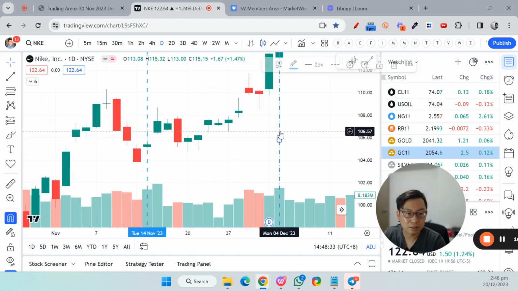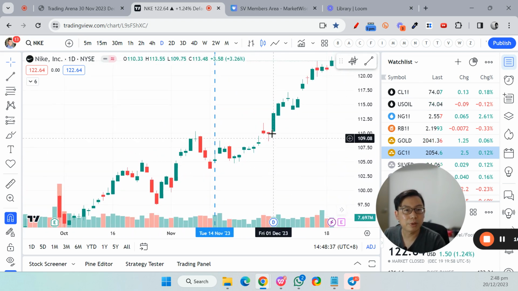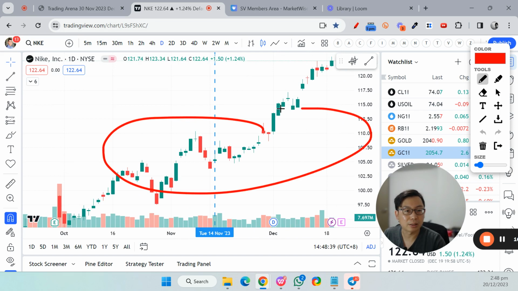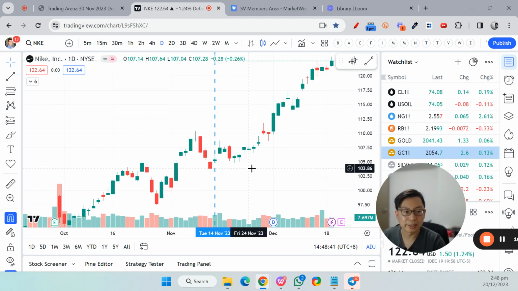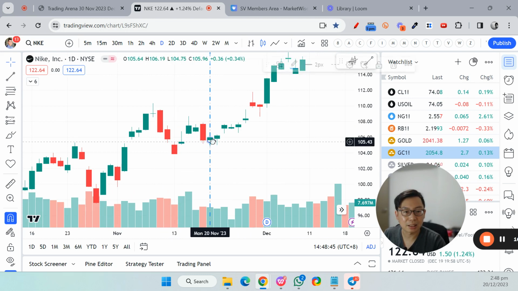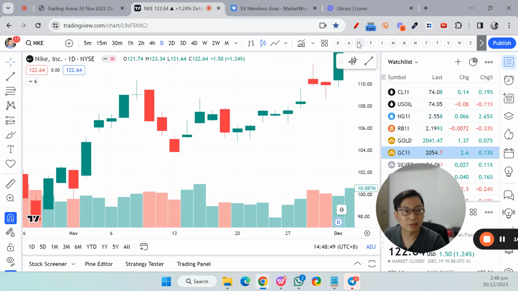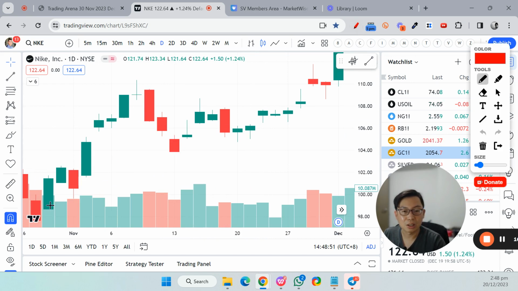Nike is a case study also. The favorable period for Nike was somewhere around here. I actually have forgotten the date, but never mind. I remove the line here first. There is a wash and rinse pattern over here. Once again, there is a run up, an impulse move, and then there's a pullback.